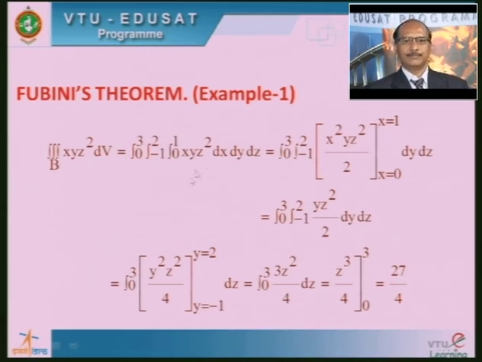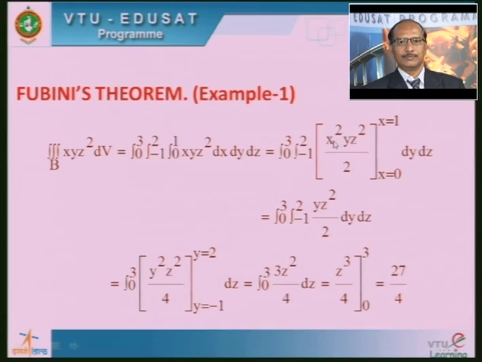In this way, the first integration is with respect to x here. While integrating with respect to x, keep the other 2 variables constant. You know that y into z square is a constant here. So, only the integration of x, that is x square by 2, with y into z square as it is. Then put the limits x equal to 0 to 1 in place of x.